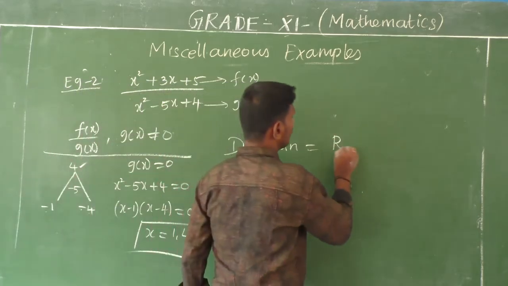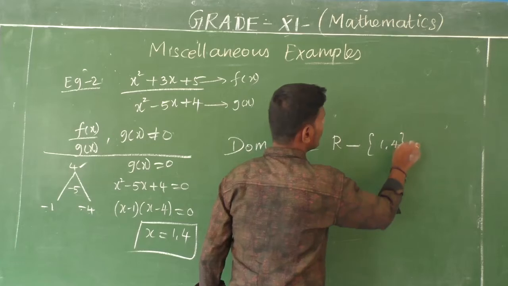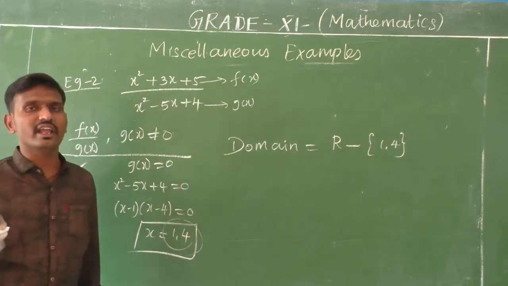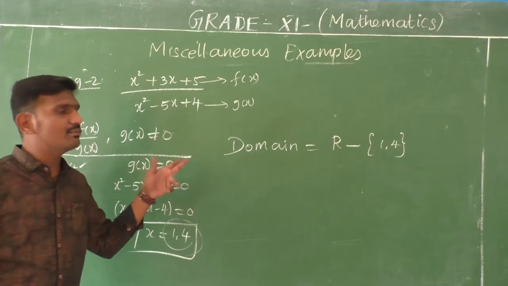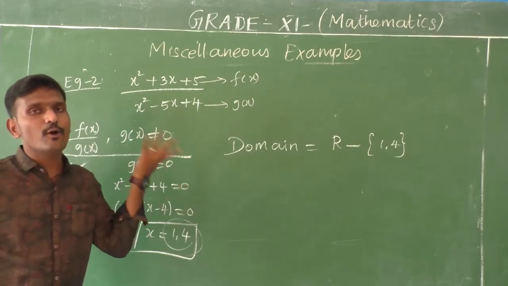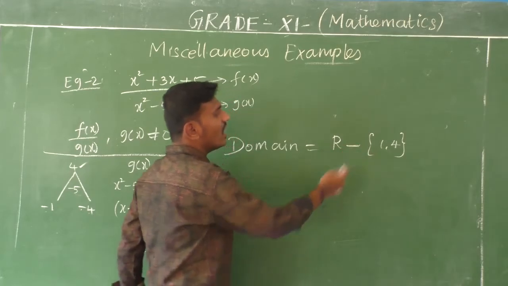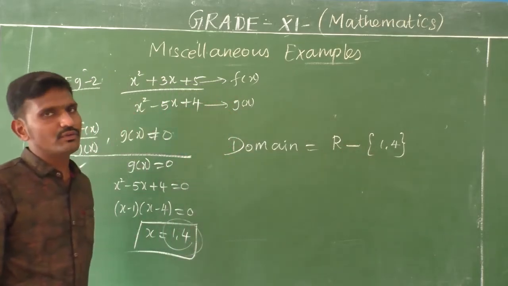So R minus the set of 1 comma 4. Because these two numbers only we can't take. If you take these two numbers, the rational function is not defined. So the domain of the function is R minus set of 1 comma 4.